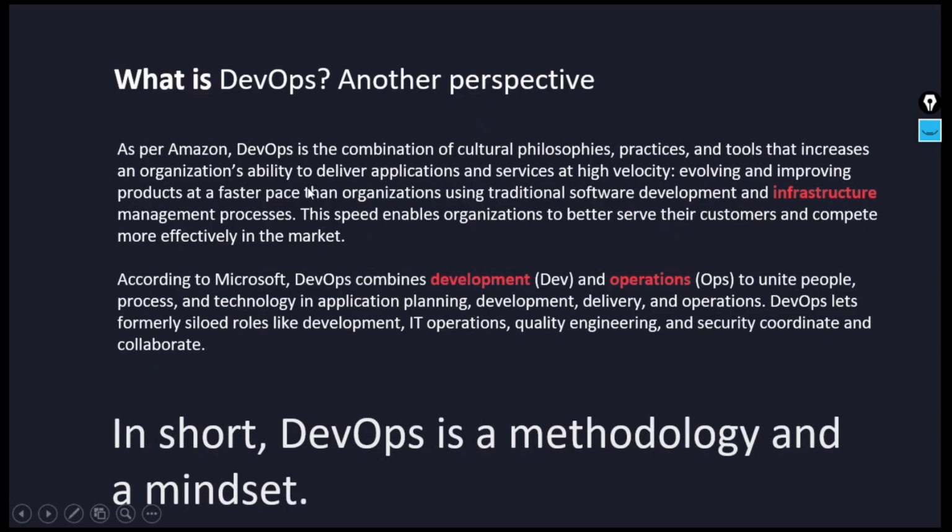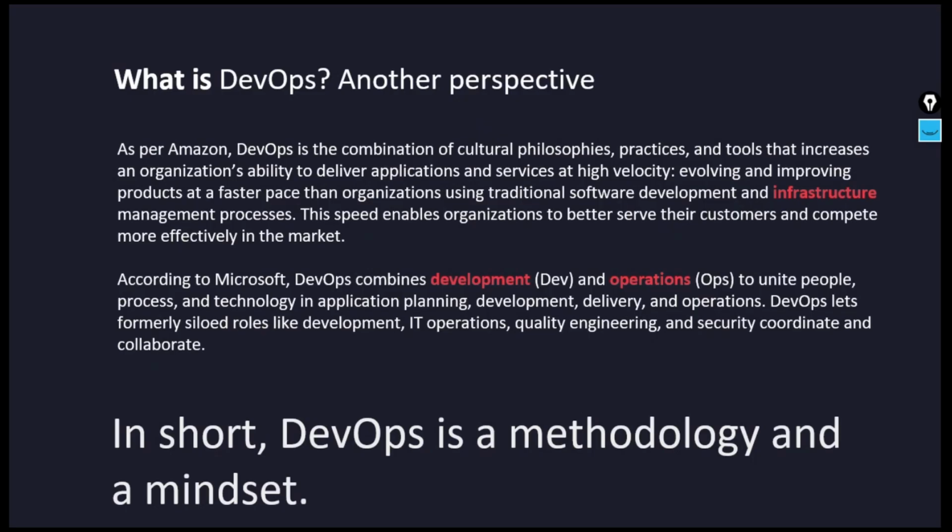Okay. So DevOps is a philosophy. It is not a technology. Yeah, it's a technology, but it is not per se any formula. There is no success formula or something.